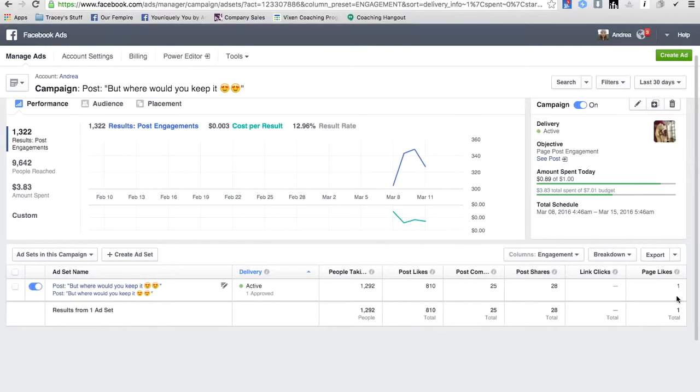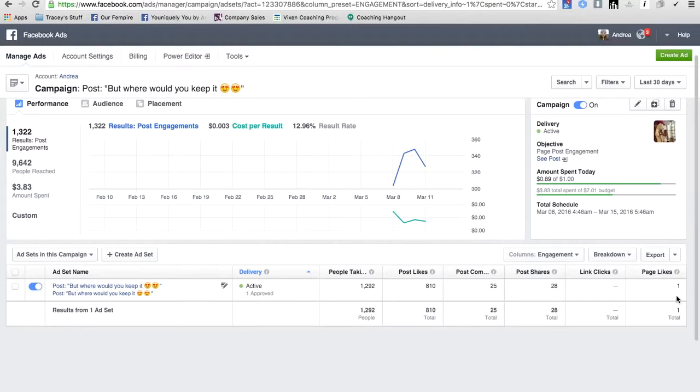Is your ad encouraging people to like your page, or are you purely just giving them content in their newsfeed? Now, this is a two-part explanation. Part one being, if I am doing an ad out to the general population, I'm wanting to encourage those people to like my page, to interact with my page.